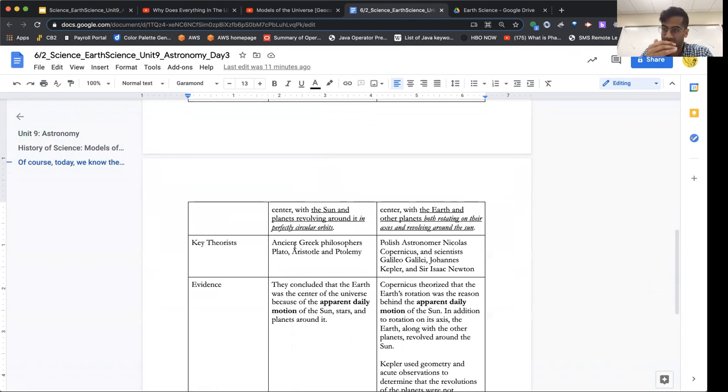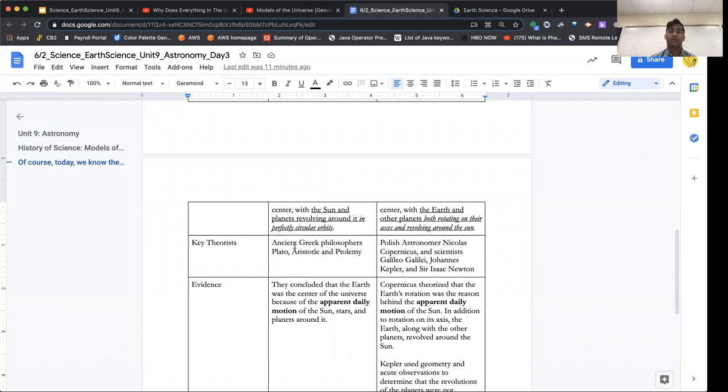Now, the perfect circle was less of a calculation and more of a theory based in an idea of heaven. So it was like perfection to think that heavenly bodies or celestial bodies would travel in perfect circles. And this is about as far as the thoughts went.